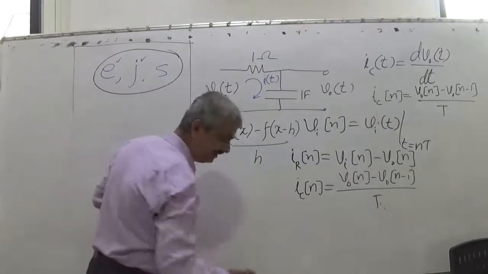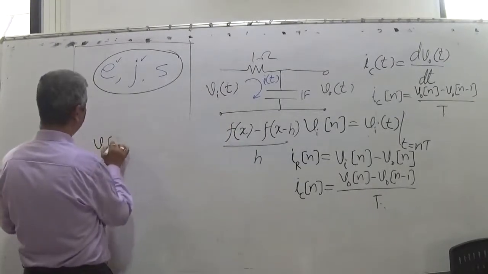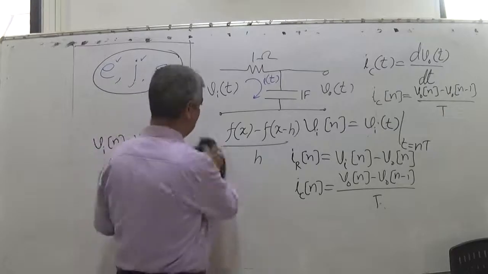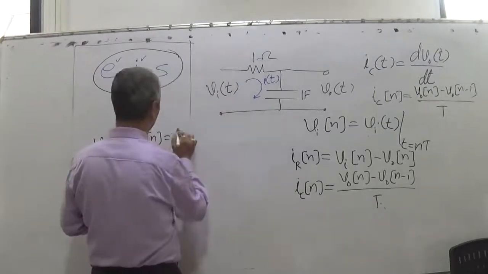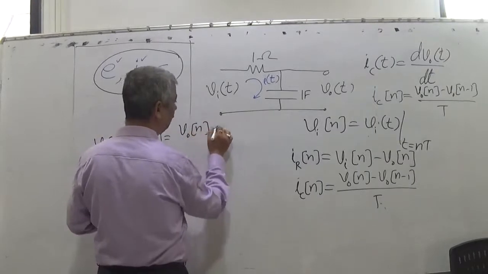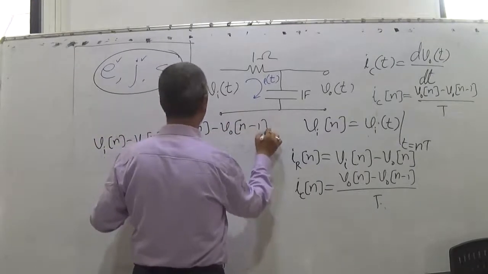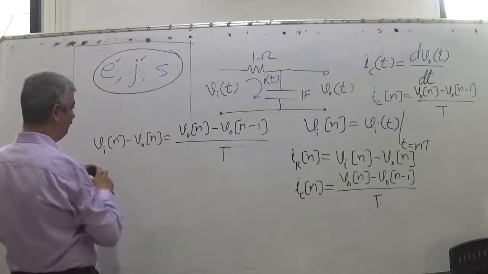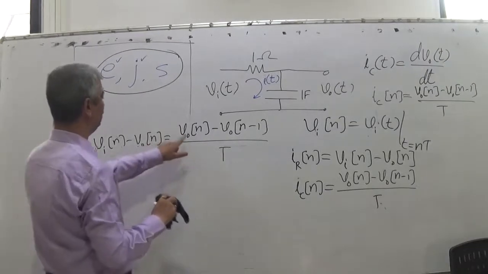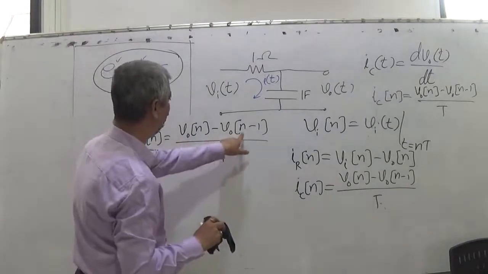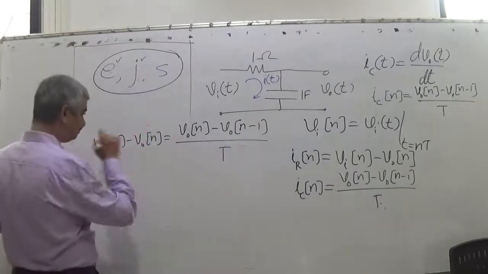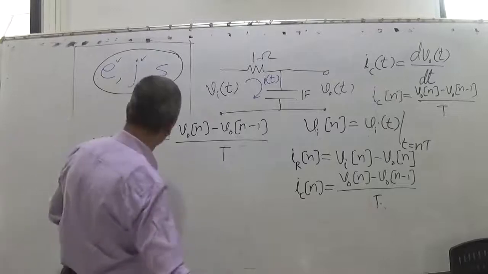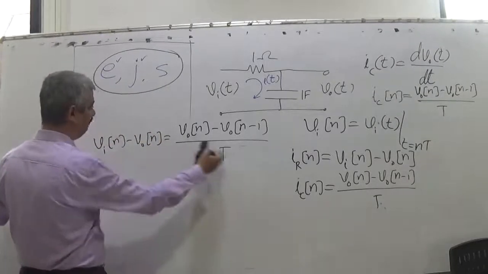Therefore, what you will be getting is Vin[n] minus Vo[n] is equal to Vo[n] minus Vo[n minus 1] upon capital T. So this capital T will multiply on the left hand side: T times (Vin[n] minus Vo[n]) is equal to Vo[n] minus Vo[n minus 1]. Vo[n] we take on this side.